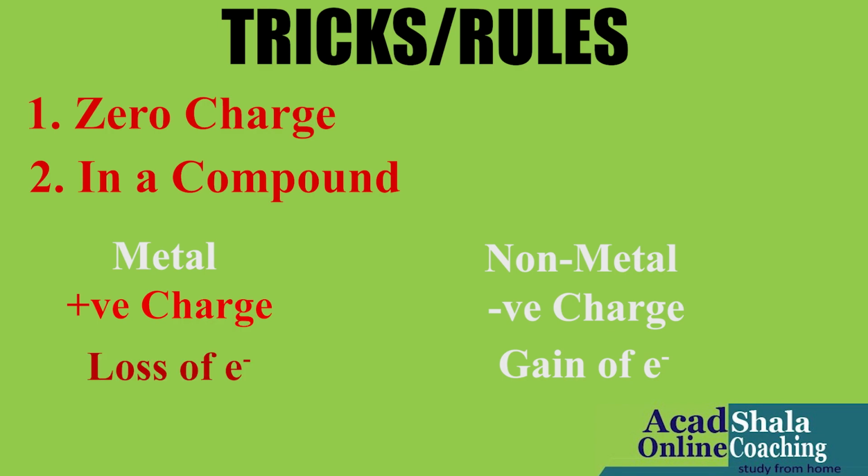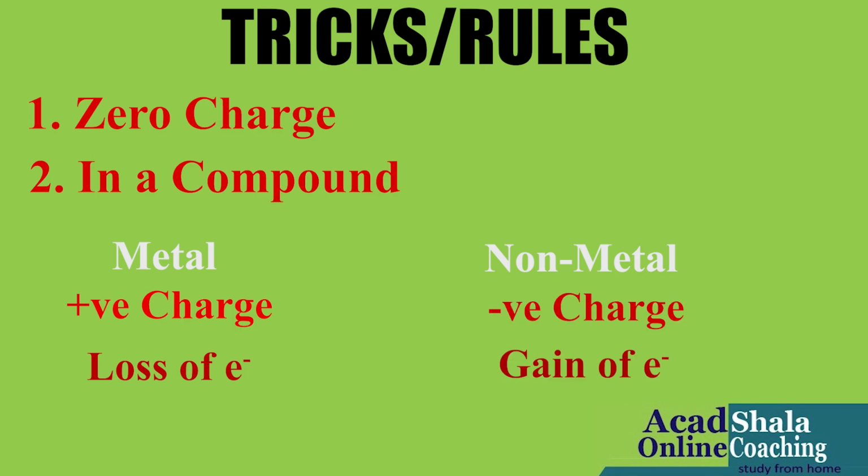In chemistry the plus sign says lose electron. But in maths, it is the addition part. Always remember. A non-metal having negative charge means, in chemistry terms, it will gain electron. But in maths terms, it will subtract. That means it will lose something.